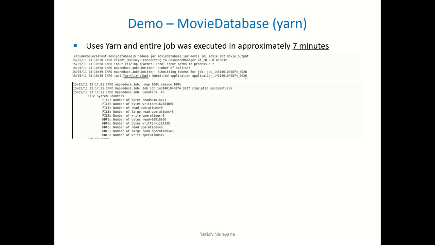Let's jump into the demo. So I have developed a movie database application, a Java application, MapReduce one, which basically computes the average user rating for a particular movie. The data set that I used for this particular application is about 500 MB in size.